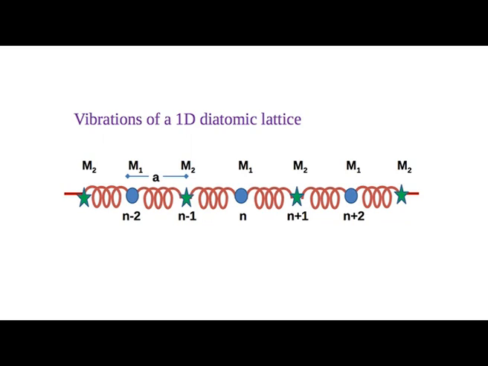In the image, as you see, there is a sphere kind of particle which I denoted by M1 and the star shaped particle which I denoted by M2. And we take the same designations which we put in the last session.